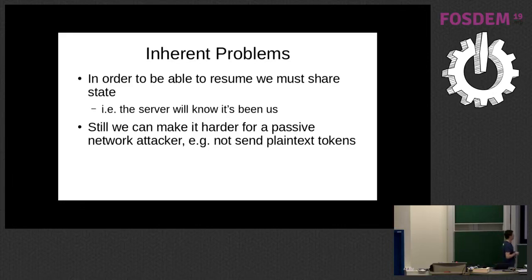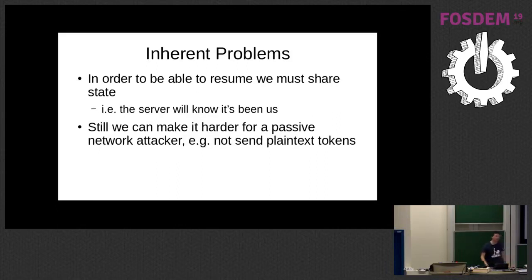And what we ought to try, though, is to make these simplest attacks, these tracking attacks, if you want to call them that, harder. If the passive network attacker is not able to link your requests, that would be already a good step, right? Then we would save some of our privacy when we send these cookies or tokens back to the server.